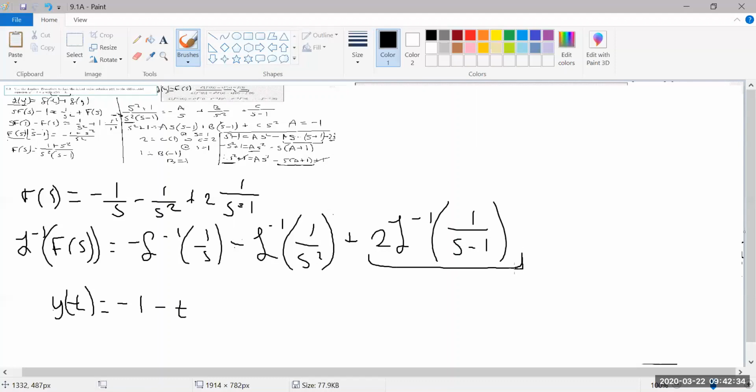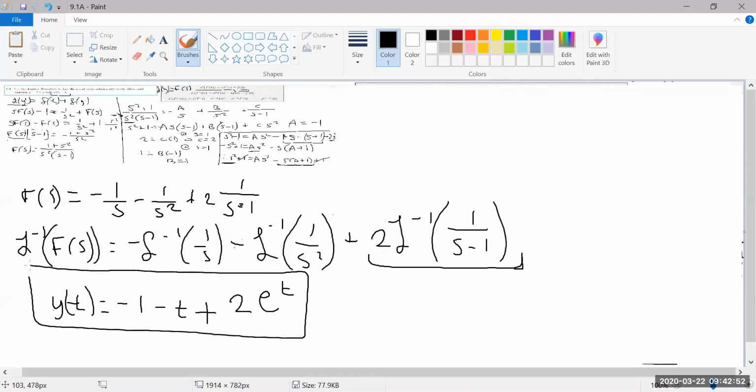Not really. There is a table entry that looks pretty much just like this, so hopefully it makes good sense. Just pull out your 2 and then e to the t, and that is the whole problem, and hopefully that made good sense. Please let me know if you have any questions.